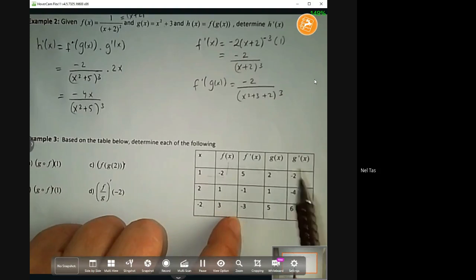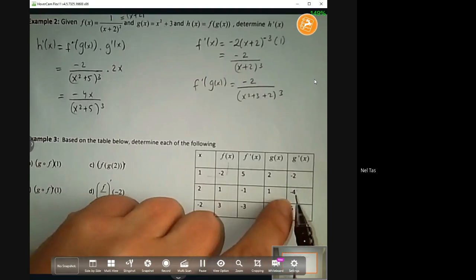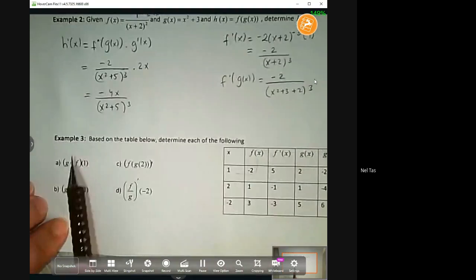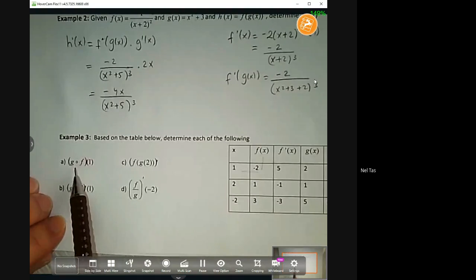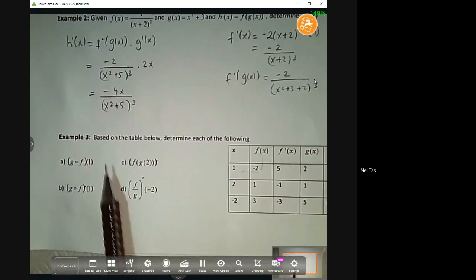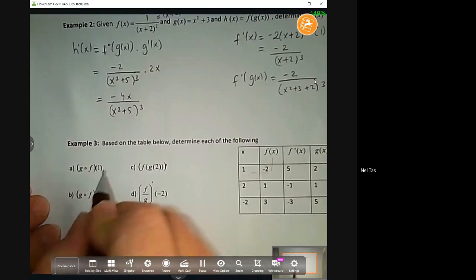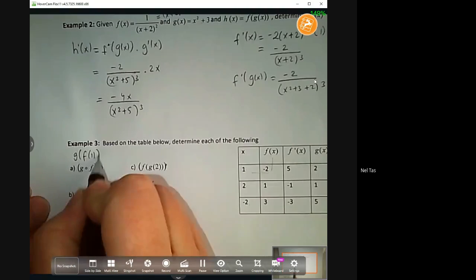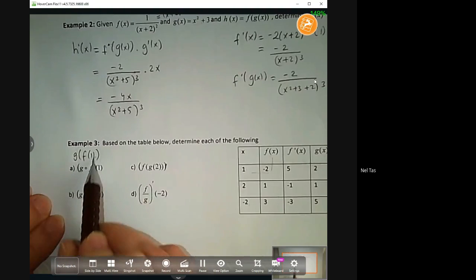Or you want to find the g prime of 2, g prime 2 is negative 4. Okay, so that is the table. So we're going to find g of f at 1. Okay, so this means g of f of 1. Okay, they mean the same thing.